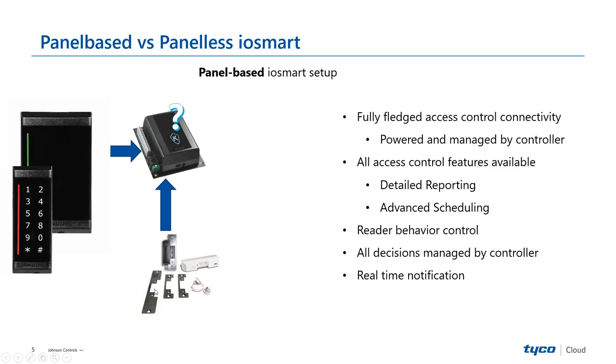So panel based is an access control door that is a fully fledged access control, fully functional, and has access to everything. Because it's driven by Enterpass or the standalone version, everything is included in the controller, where you get all your reports, all your advanced scheduling, your settings, and you can use that reader for everything.